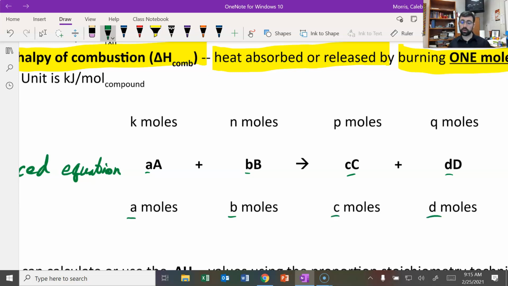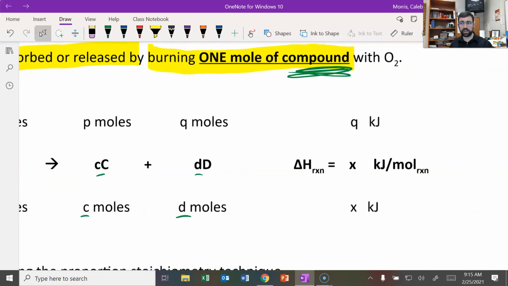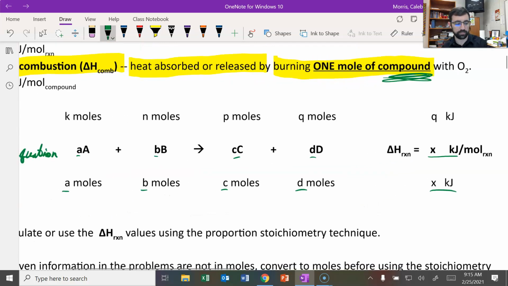That's going to be the bottom part of our fractions in a proportion when we're doing stoichiometry. You can think of the heat of the reaction, delta H of reaction, in kind of the same ways. Since it is in terms of moles of reaction, kilojoules per mole of reaction, we could just take the number of kilojoules given in the reaction and write it down here. That could be the bottom part of a proportion if we're looking for kilojoules, just to give a general idea.